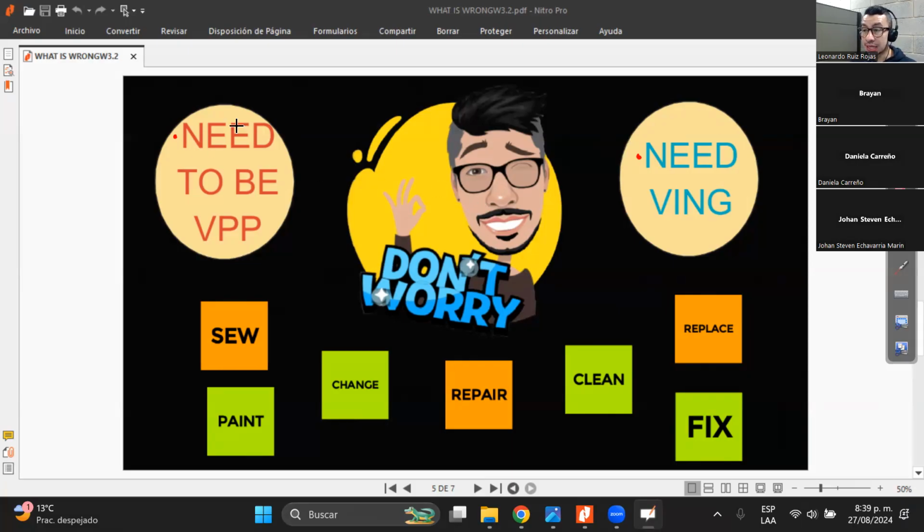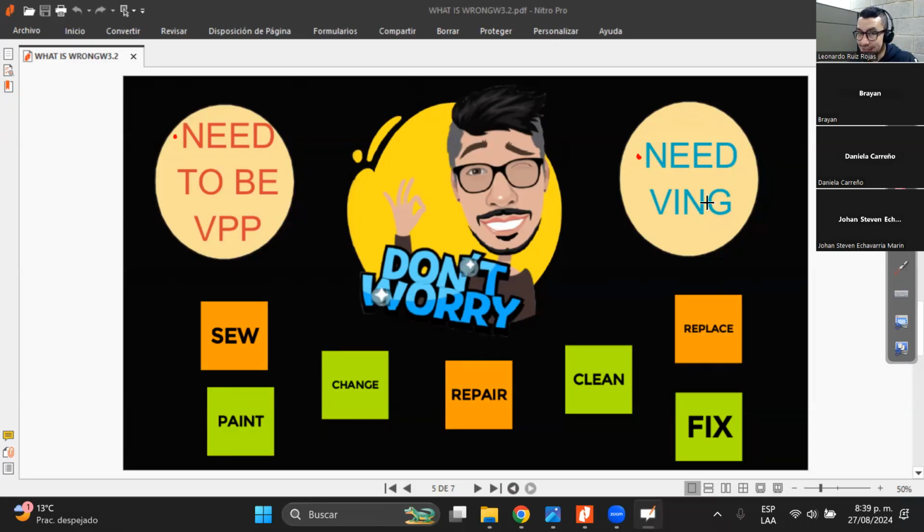One is to use it needs to be and the verb in past participle, or it needs and the verb in ing. It means necesita ser reparado, cosido, cambiado, pintado, arreglado, ¿cierto? O needs and ing, it means necesita reparación, necesita pintura, necesita arreglo, necesita whatever.